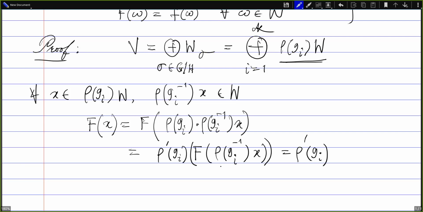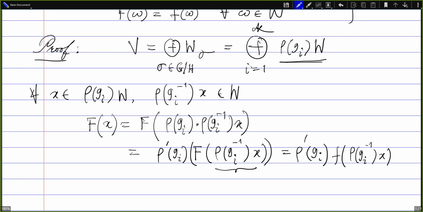Since this belongs to W, and by assumption capital F extends small f, this fellow just becomes f of rho(g_i) inverse x.